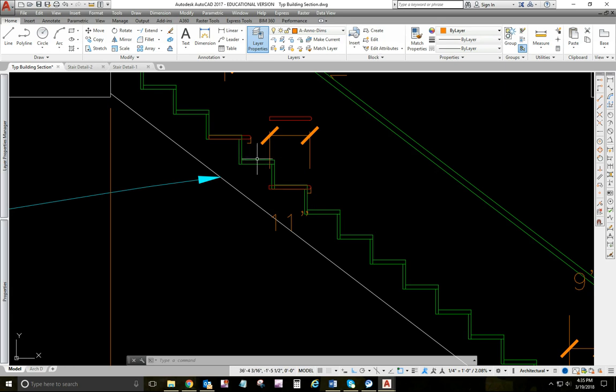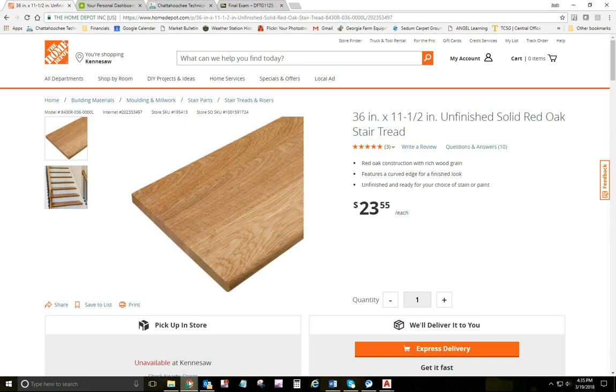Now the tread, residential treads, I'll show you one here. It's a handy dandy Home Depot site. You can get them pre-finished or unfinished in oak. You can get them in unfinished pine. Pine if they're going to be painted, which is rare to paint a stair, or like an unfinished stair going into a basement, or it's going to be wrapped in carpet, you would do pine.